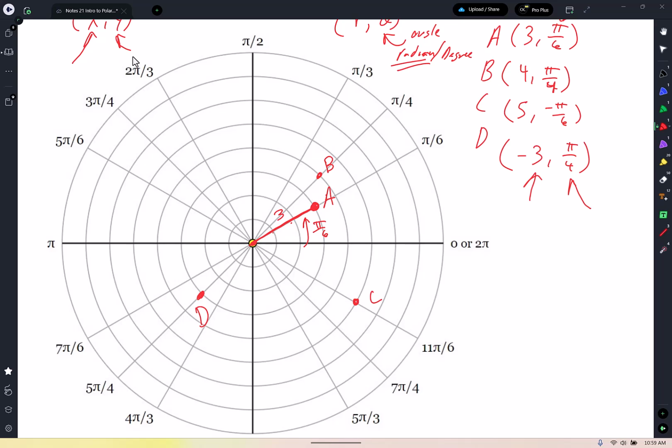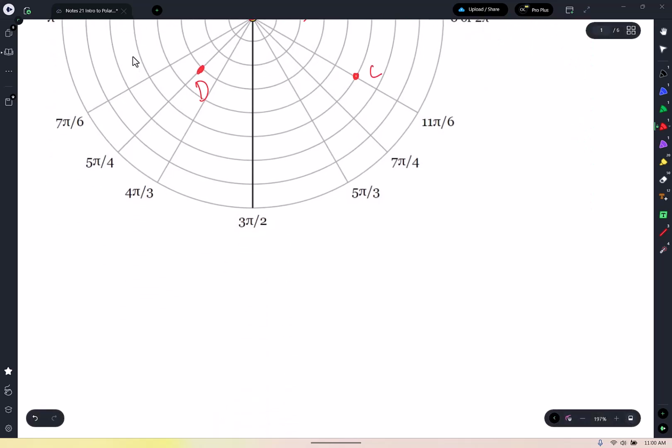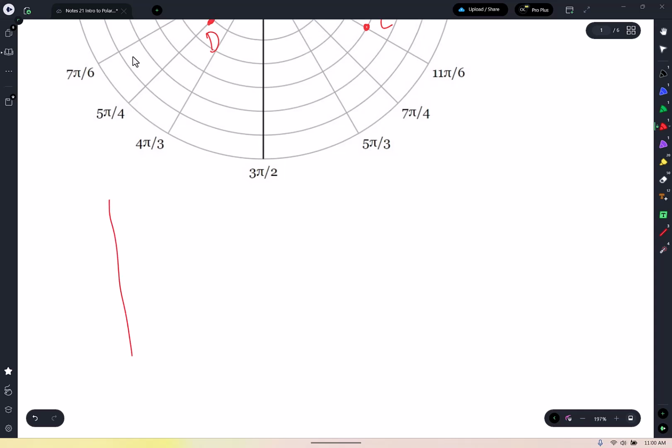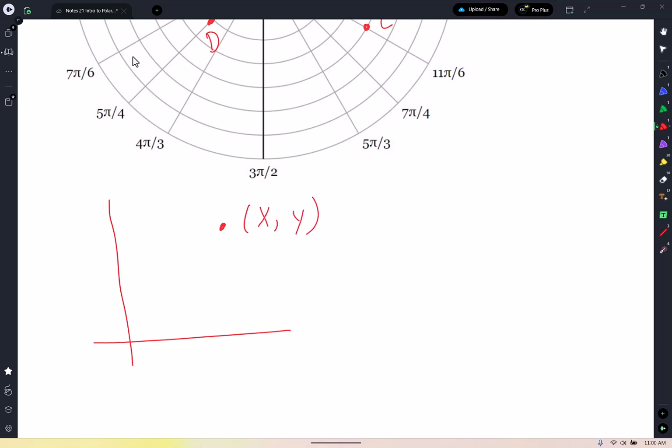All right. What are the connections between rectangular and polar? So I'm going to exaggerate quadrant 1. I'm going to pick a random point, and I'm going to call that some x, some y.